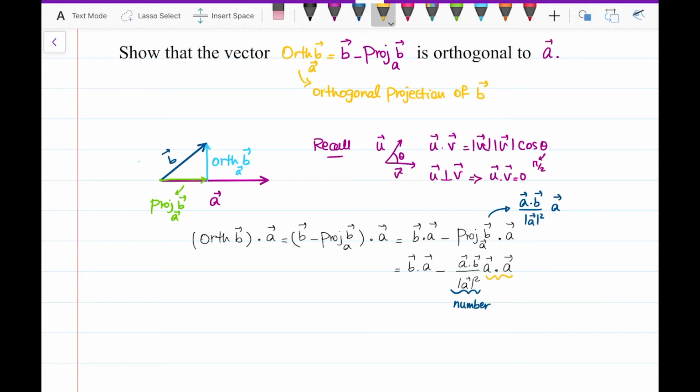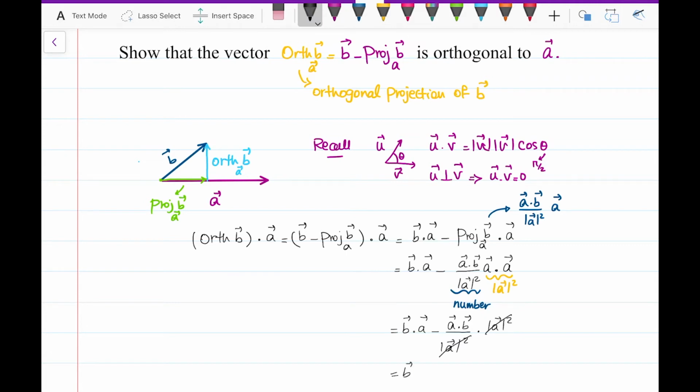A dot A would be the magnitude of A squared. Remember the formula. So on the denominator, I have magnitude of A squared, and on the numerator, I have magnitude of A squared. So they would be canceled. But let me just rewrite that. So these two would be canceled because they're just numbers.